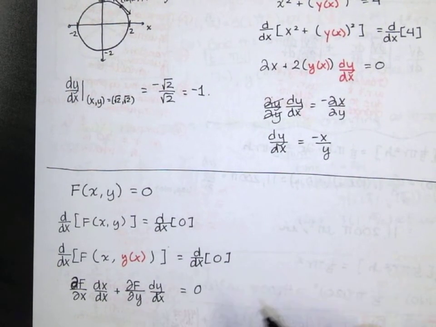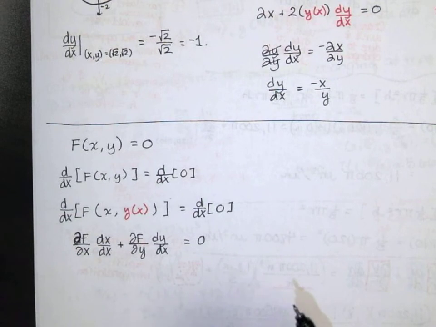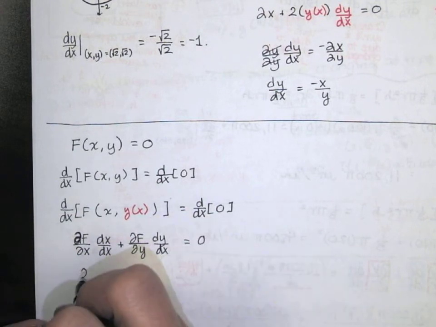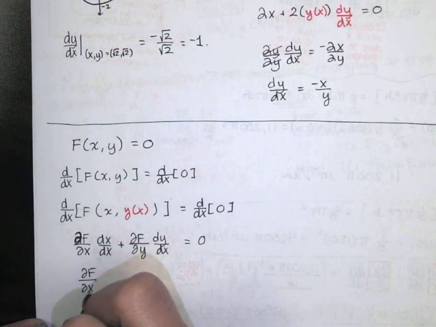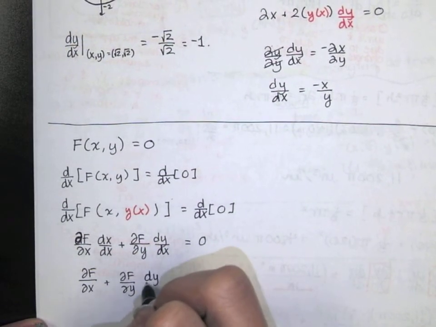And the derivative of 0 is 0, of course. Now the derivative of x with respect to x is of course 1. So we end up with the partial of f with respect to x plus the partial of f with respect to y times dy dx equals 0.